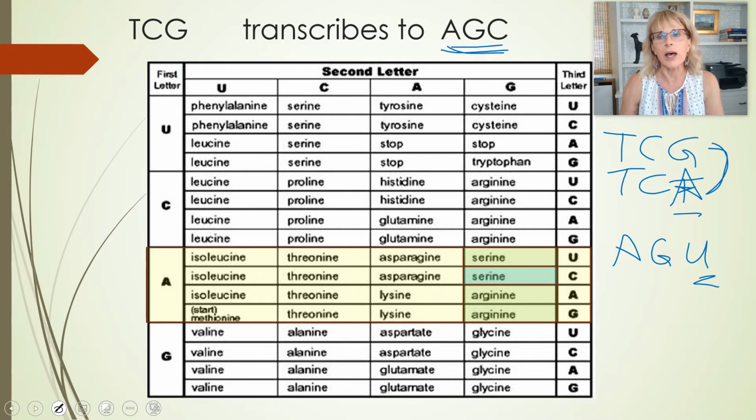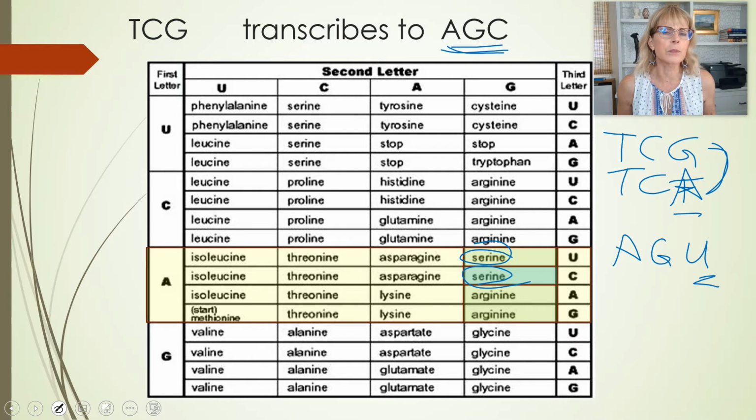But what was the impact of the mutation? Well, the message was supposed to put the amino acid serine in the protein, but instead it put the amino acid serine. No difference. As a matter of fact, you and I have areas of our DNA where you have TCG and I've got TCA, but we make an identical protein.